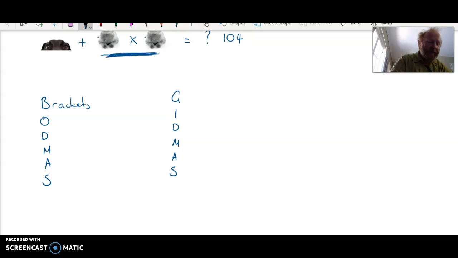So BODMAS represents brackets and then order, division, multiplication, addition, and subtraction.